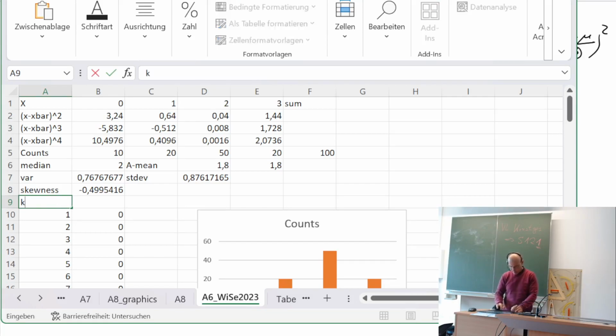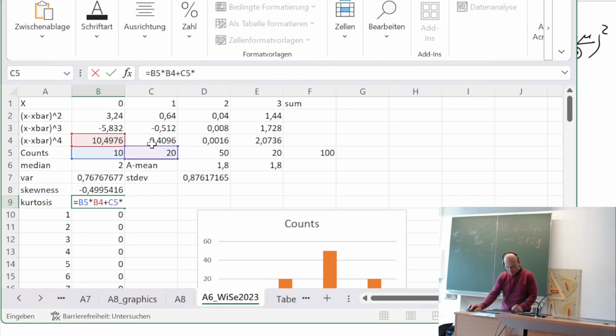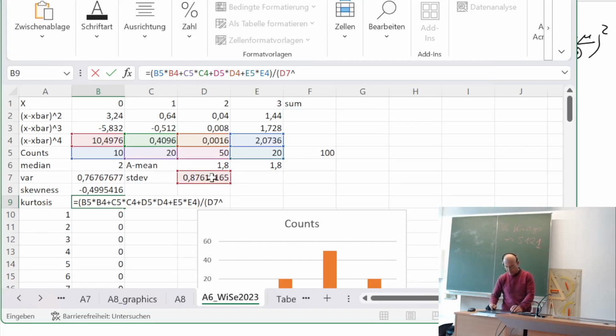And the kurtosis, this is then again 10 times this plus 20 times 0.4 plus 50 times 0.06 plus 20 times this, and I need brackets again, and now divided by standard deviation to the power of 4, again divided by 100.